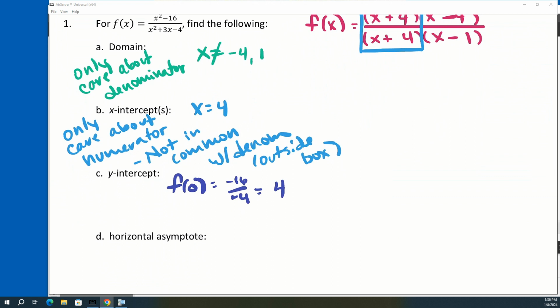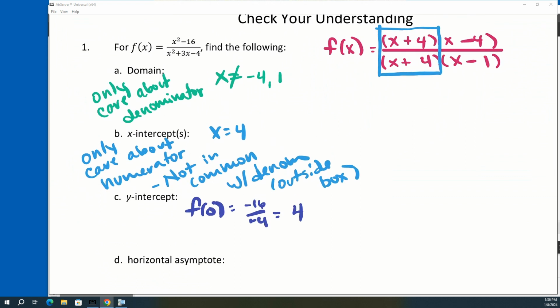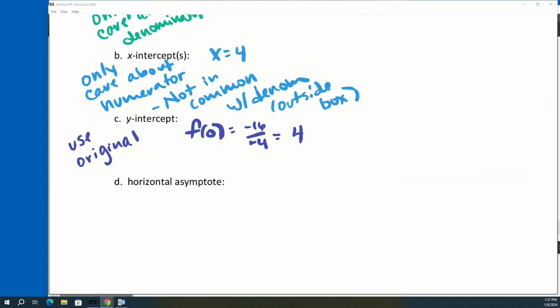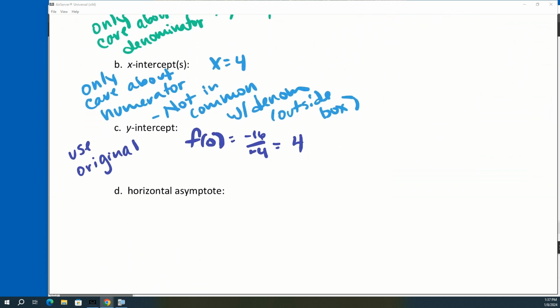All right, and then horizontal asymptote. Oh, I'm going to write a note that I didn't write. I recommend using the original for the y-intercept and for the horizontal asymptote, not the factored form. You can, it just makes it more difficult.